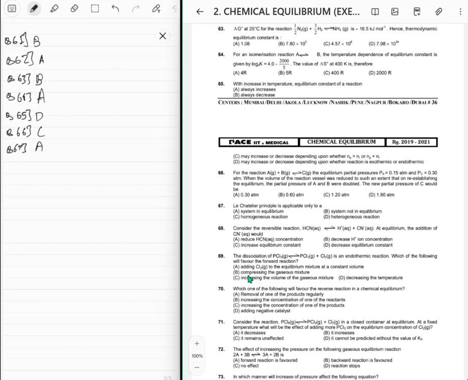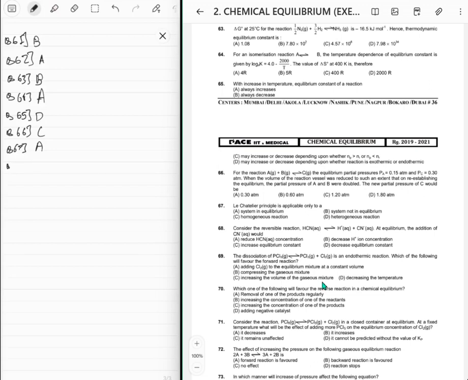Compressing the gaseous mixture will increase the pressure, that's not good because then it will go backward. Why are there only three options? Oh, there is this fourth. Increasing the volume of the gaseous mixture will decrease the pressure, and that would be a good thing because then it will try to go to the right direction. So C works. Decreasing the temperature, no, it's an endothermic reaction. So C.